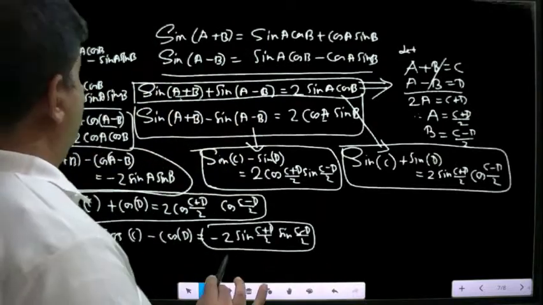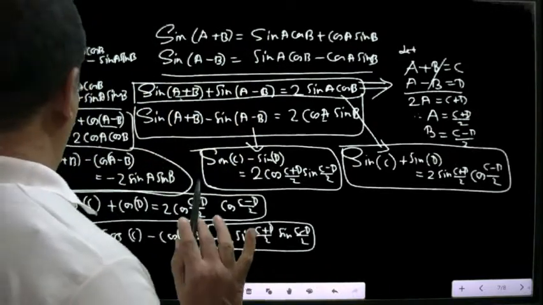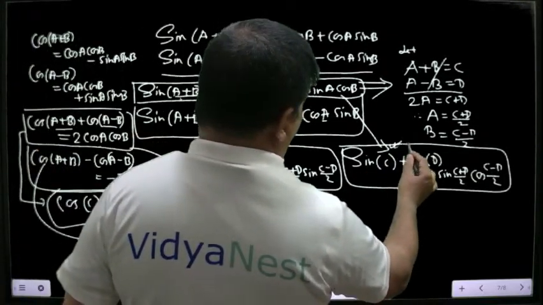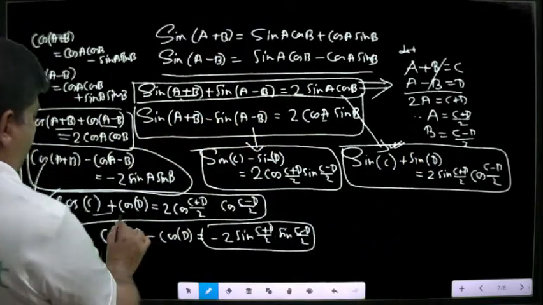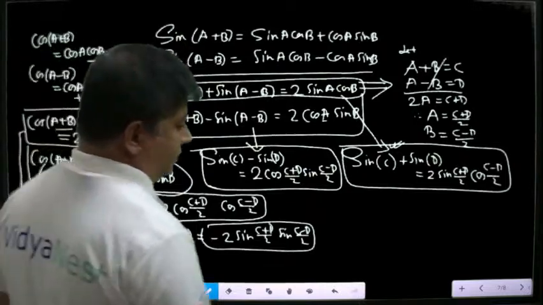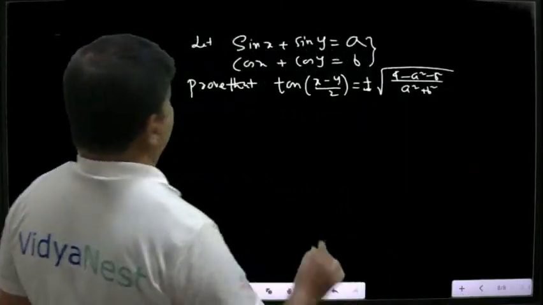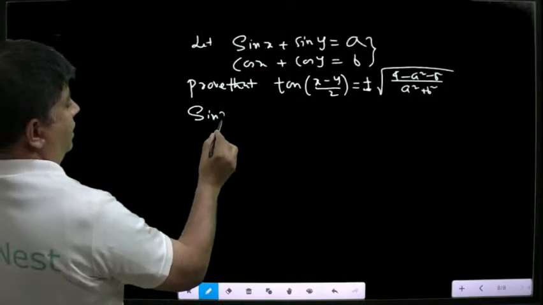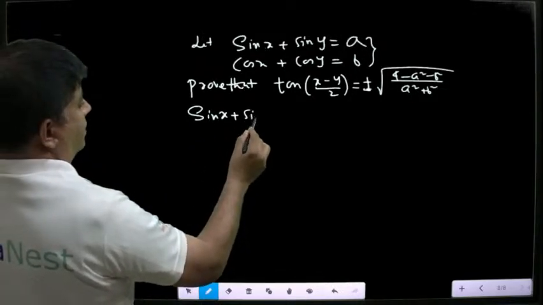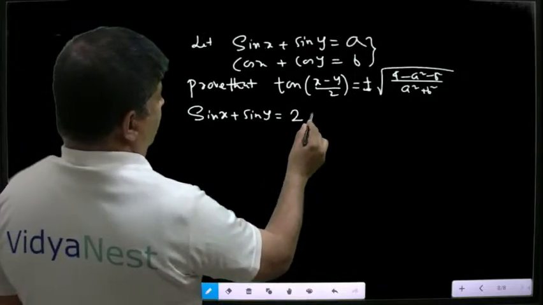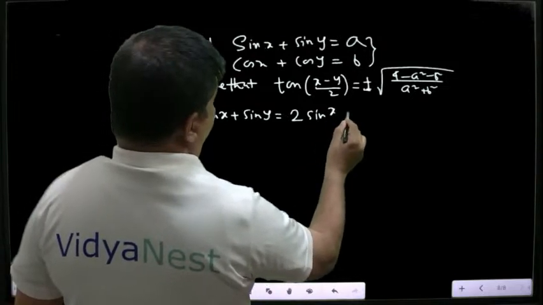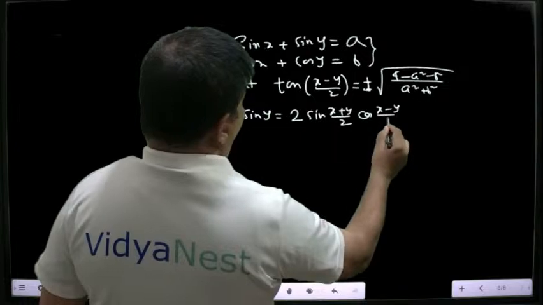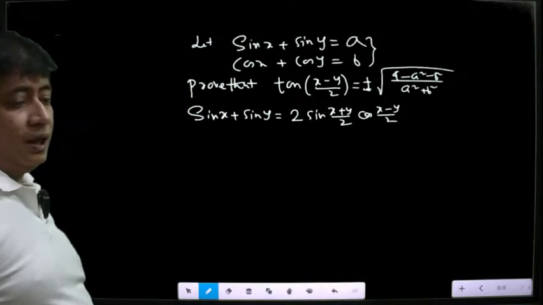Now, once you get this sum, you immediately have the requirement of what? The sin C plus sin D formula and the cos C plus cos D formula. Okay. Directly you use sin C plus sin D here, sin x plus sin y, formula 2 sin ((x plus y) by 2) cos ((x minus y) by 2). Okay.